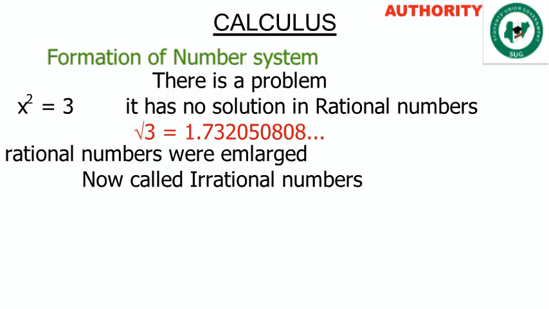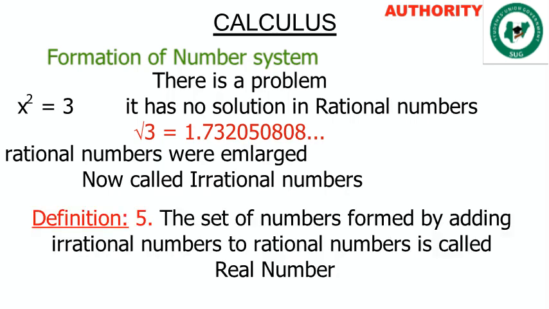Now, let me show you the definition. The set of numbers formed by adding irrational numbers to the set of rational numbers is called real numbers.